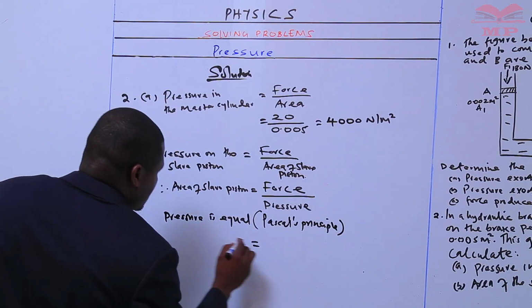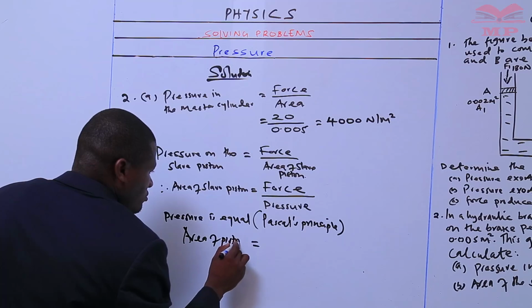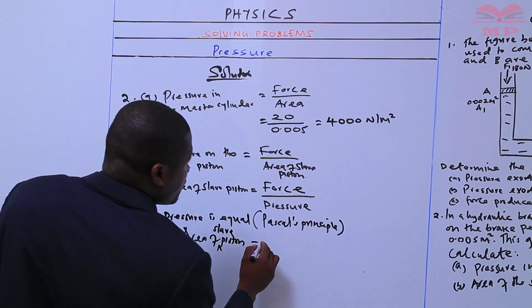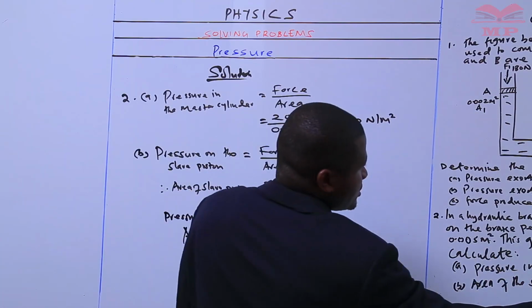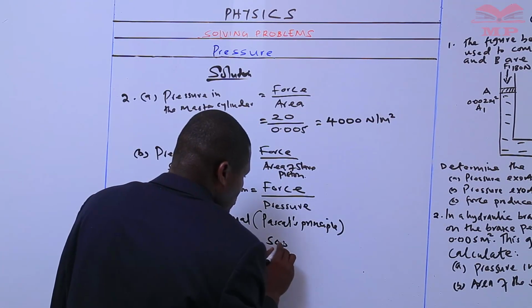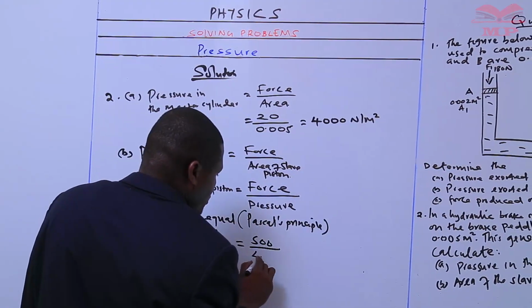So this implies that if I want to get the area of the slave piston, it is equal to force, and our force is here, 500, divided by our pressure, which is 4,000.